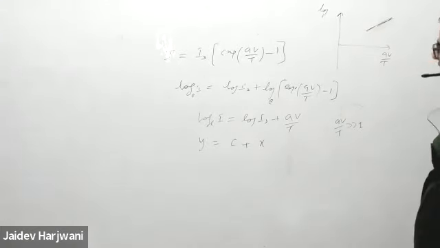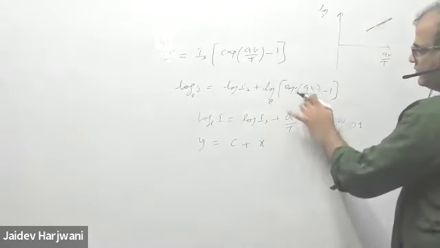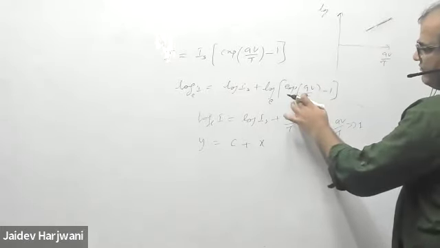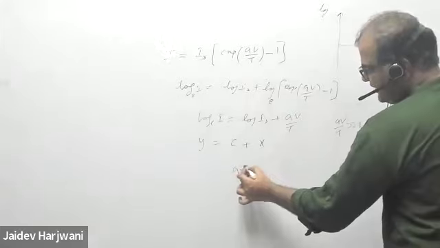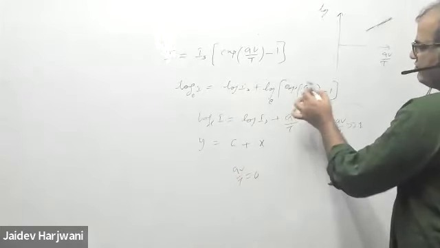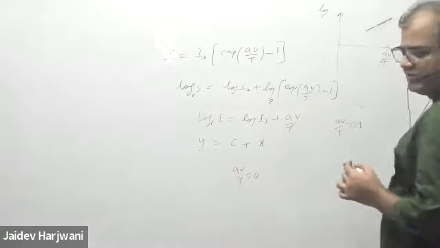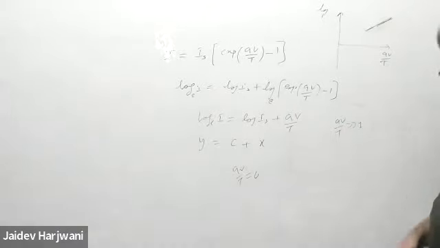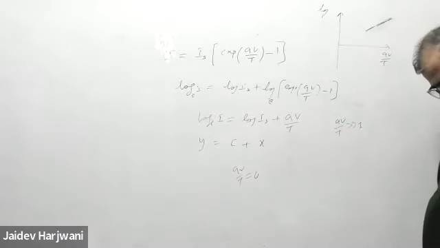And if I put AV/T equals to 0, then this term becomes exponential 0, 1 minus 1, 0. Log 0 is how much? Tell me, what is the value of log 0? Minus infinity.